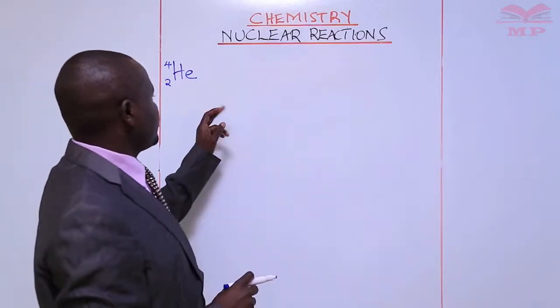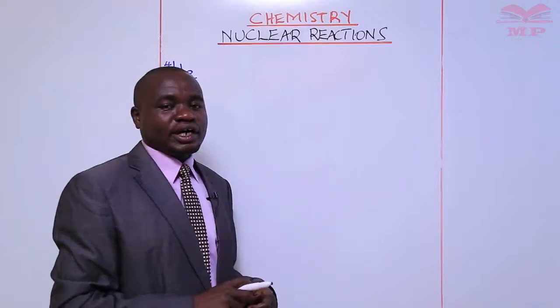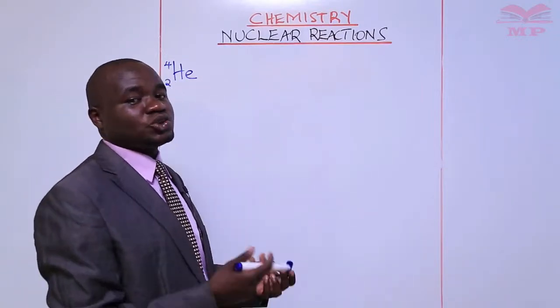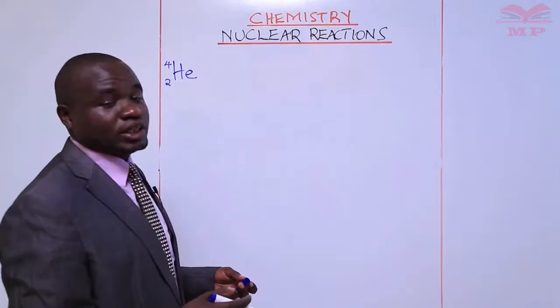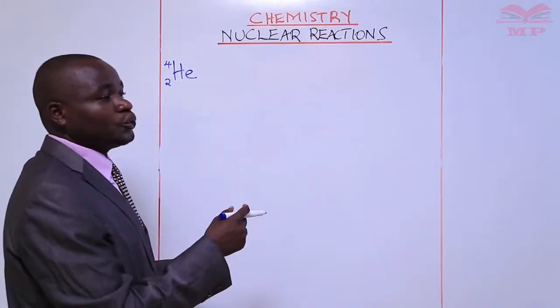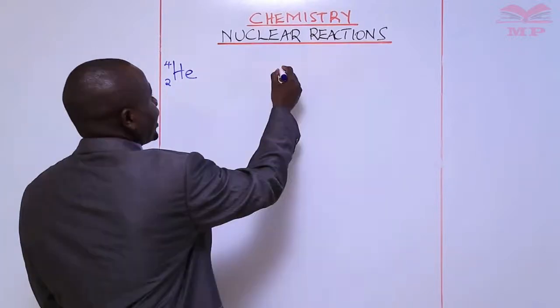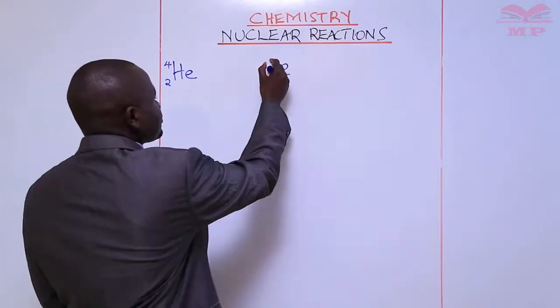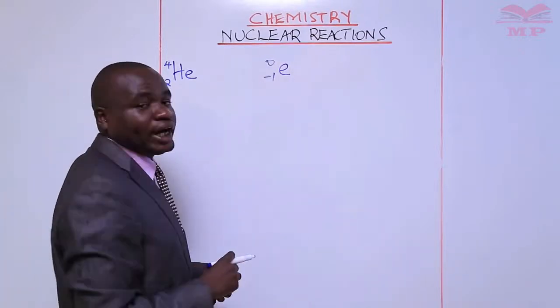That is, if a particle undergoes radioactivity by emitting alpha particles. For beta particles, if you're writing a nuclear equation, you use an electron with a mass number of 0 and atomic number of -1.